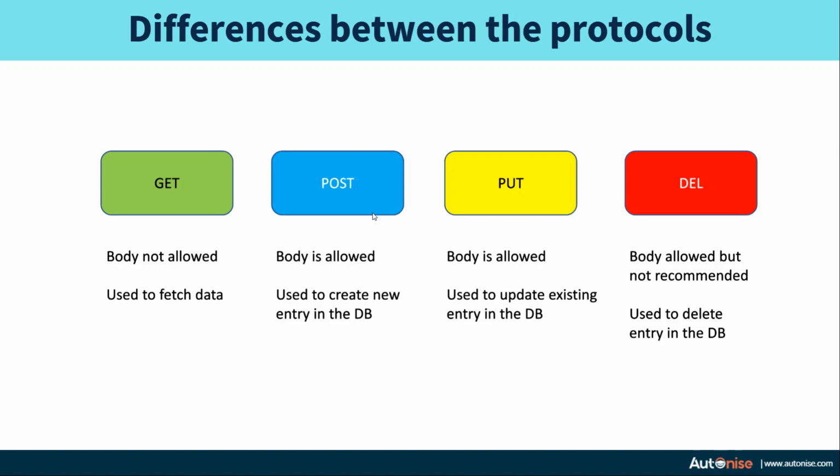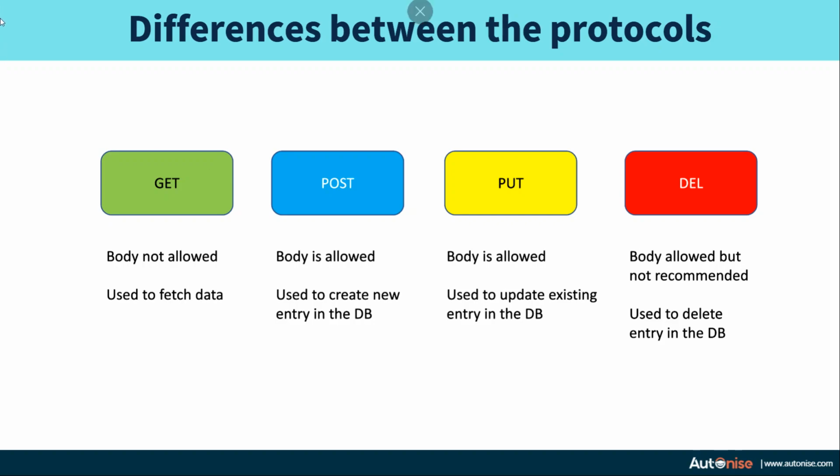Now let us understand the differences and uses of how exactly these methods work. When you want to send a request to the server, you might also want to send some information in that request. When you want to fetch a data entry, you are not required to send a lot of data because you are not creating anything new. You are not sending data to the server, you want to fetch some data from it.